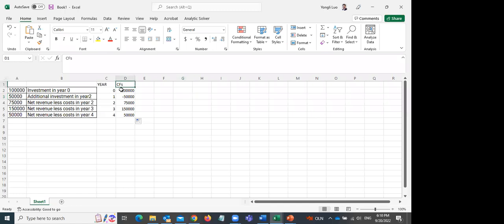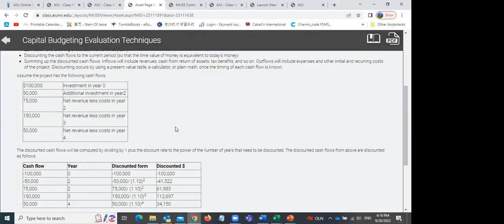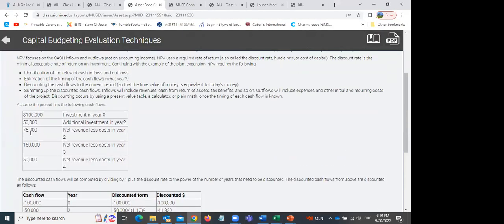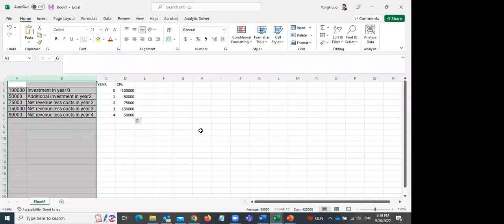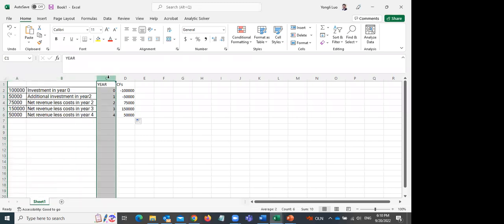We need that information in a format like that. This is the information we just copied from your learning resource. Now we put that information in Excel. The left column is year and the right column is cash flow.